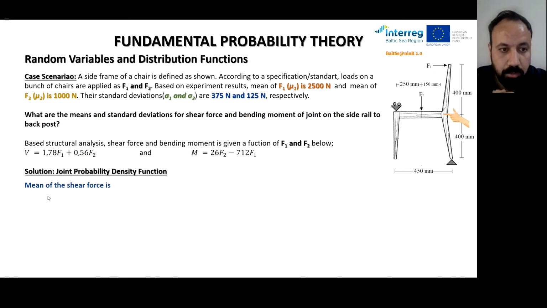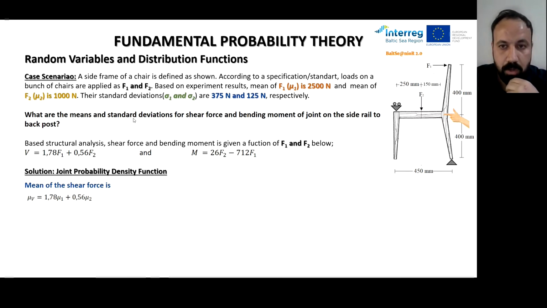The solution comes from the joint probability density function. This function lets us find the mean of the shear force, which we define as μV. We write the same function here, but instead of F1 and F2, we write μ1 and μ2. From the case scenario, I know μ1 and μ2.